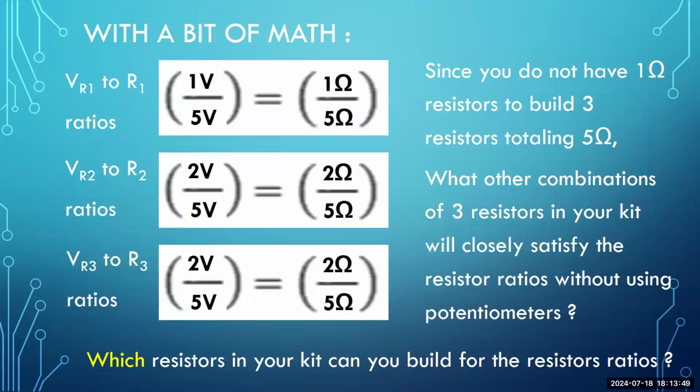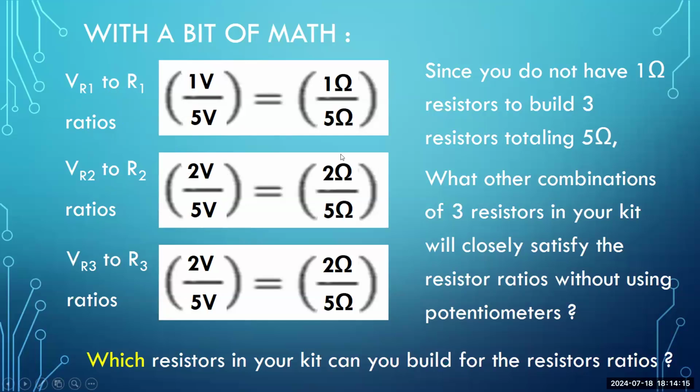Okay, with a wee bit more math, this is what we're going to do. Take a look at the upper left. We have a ratio, VR1 to R1 ratios. So VR1 was 1 volt, R1 was 1 ohm. If we take a look at VR2 to R2 ratios, the voltage we calculated previously for R2 was 2 volts.